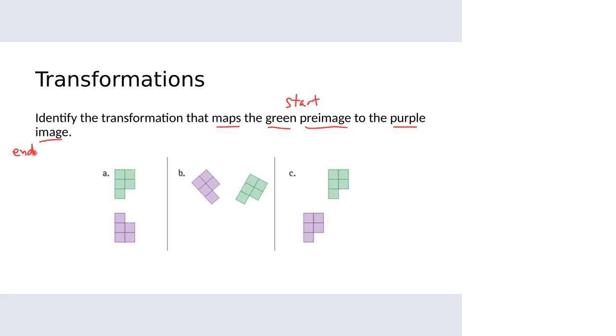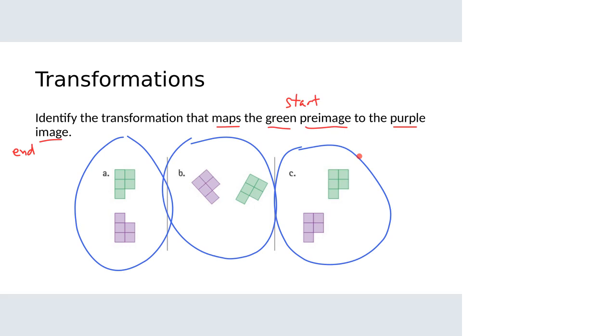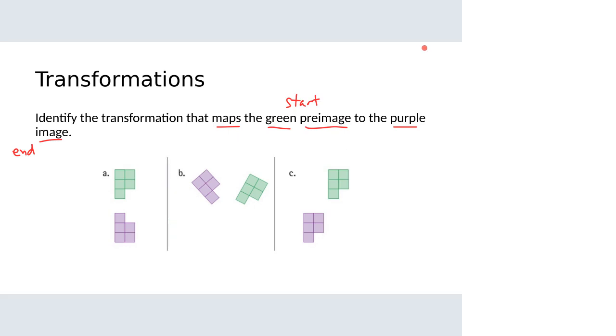So we're starting with the green pre-image and we're ending up with the purple image. I'll give you some time to do all 3 of these, A, B, and C, and then we'll talk through all 3 of them one after the other. What is it that gets you from one to the other? What move would you do? Which transformation would you use?